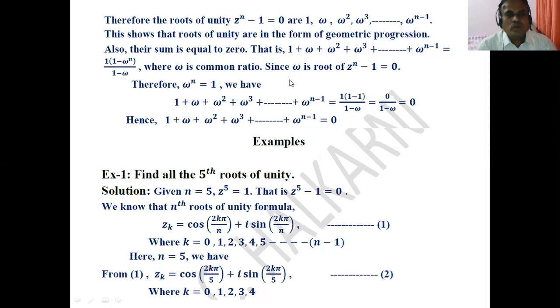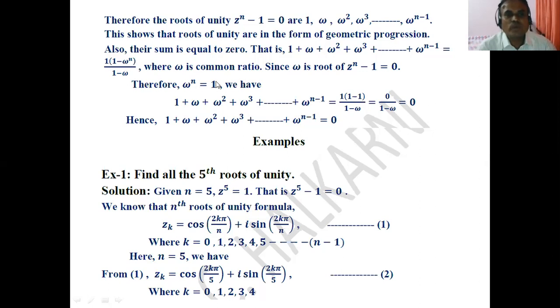Now omega is a root of the equation z^n minus 1 equal to 0, and therefore this root satisfies the equation, and hence omega^n minus 1 equal to 0, and therefore omega^n equals 1. Now we put this value in the sum. So 1 plus omega plus omega square plus up to omega raised to n minus 1 is equal to 1 into (1 minus omega^n) upon (1 minus omega).